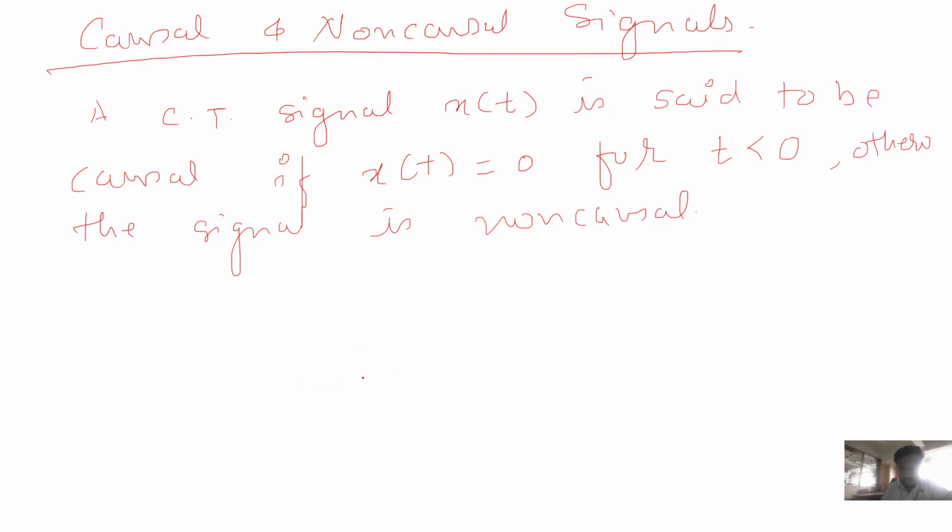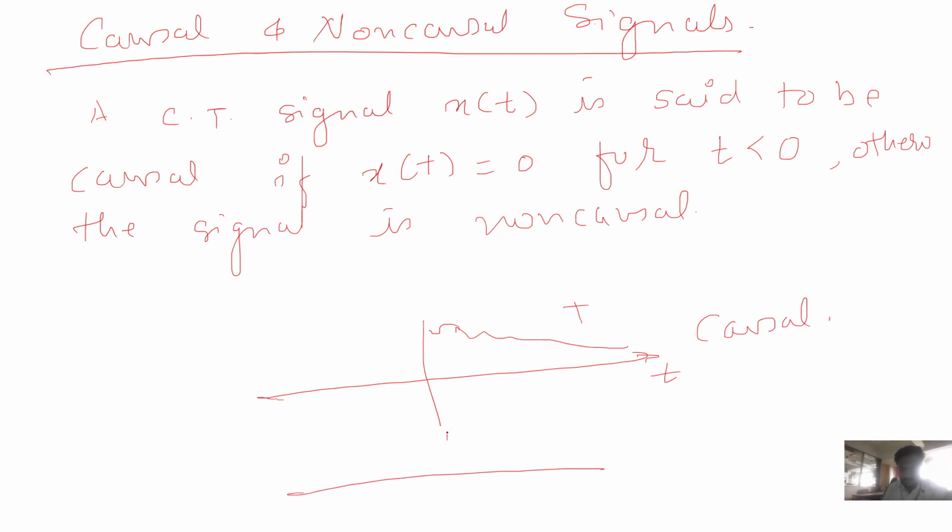Means a signal, whatever the signal which we have, if it has values only on the positive side of t, it is causal, and if a signal has a value in the negative also, it is called non-causal. I hope I am clear.